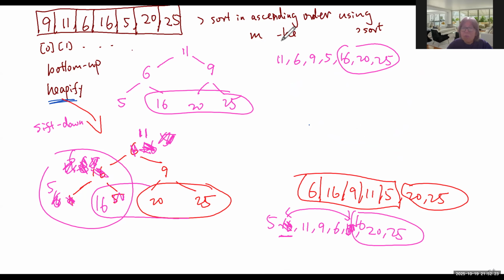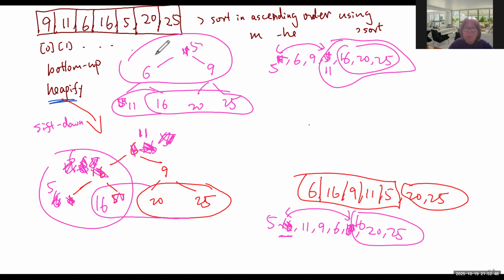And we know the last 3 are already sorted. And we needed to swap 11 and 5. Okay, so 5, and then here is 11. So we need to swap 11, 5. So now all of the last 4 are sorted. Okay, and then for this subtree there, we need to check, is it?